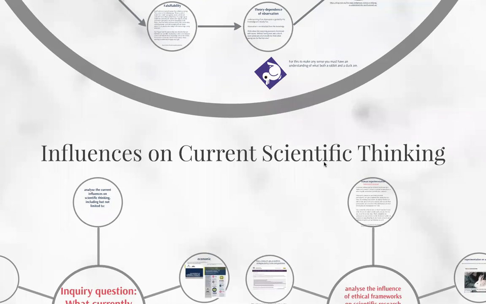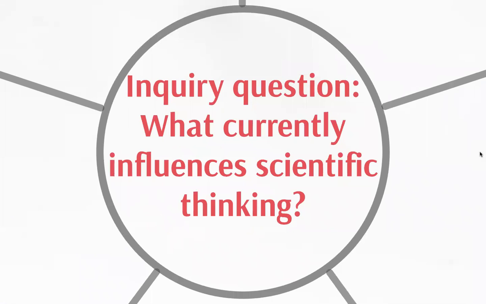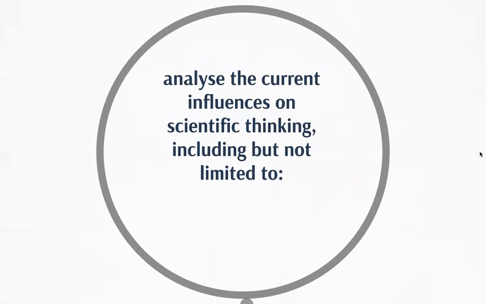Now, as well, we need to consider some of the influences on scientific thinking, because if science is trying to find the truth, unfortunately, there are cases where it doesn't find the truth as quickly as we think. We often think of science as altruistic, that it's all about finding the truth, but it's often not.